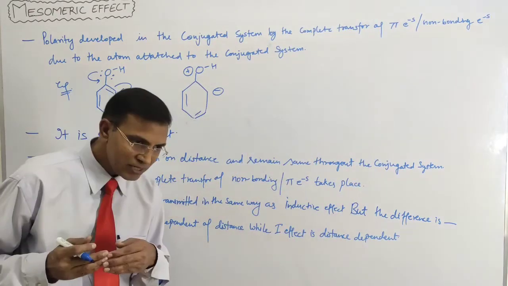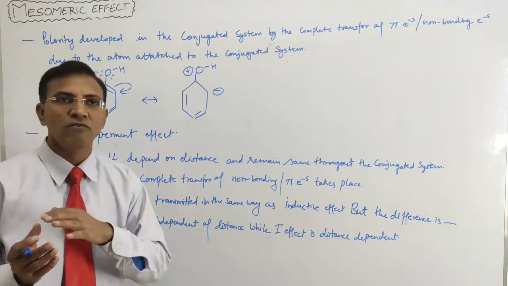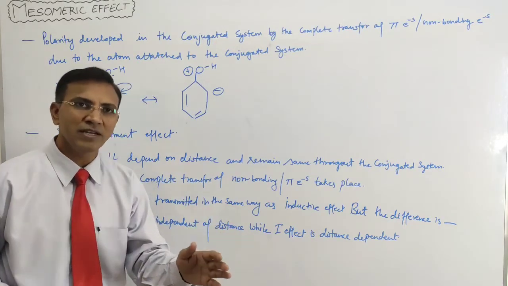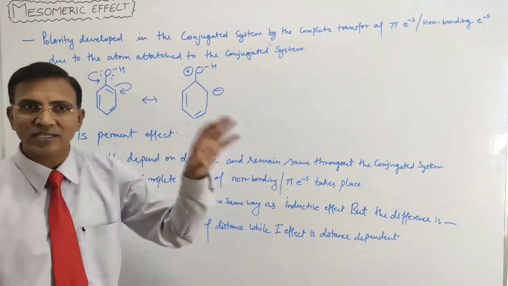Right? That means as distance increases, the I effect power decreases, while in case of mesomeric effect, it remains as such throughout the conjugated system.